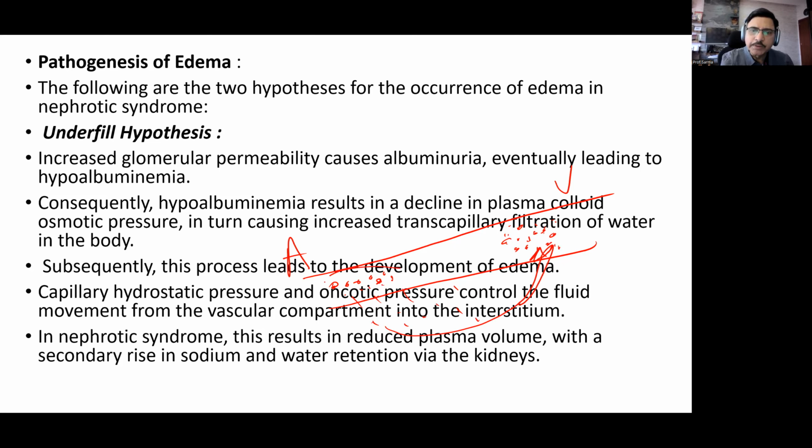But here, these fellows themselves are less. So there is nobody pulling at the venous end, so much so the water itself is stagnating in the interstitium. This is the underfill hypothesis.